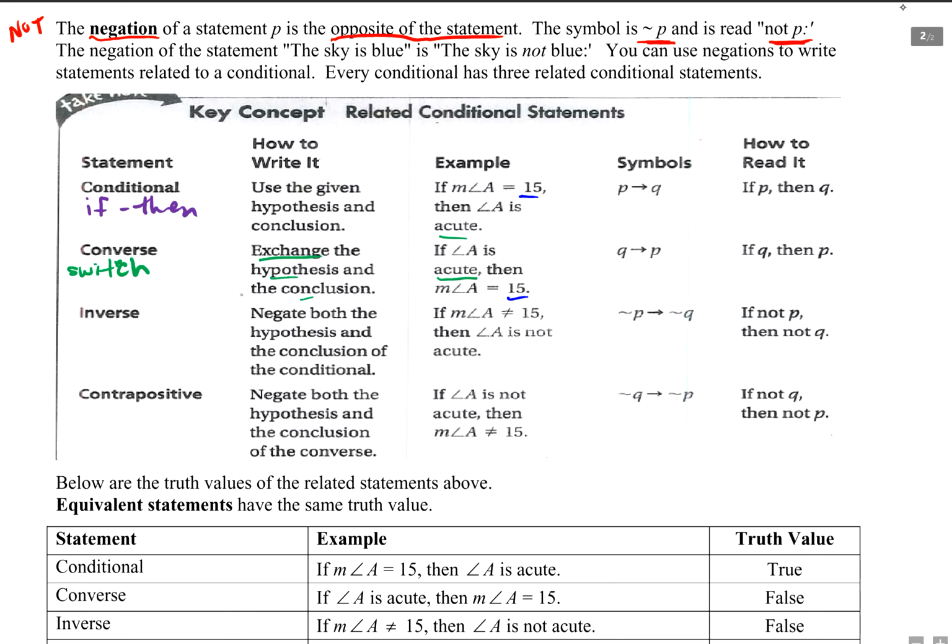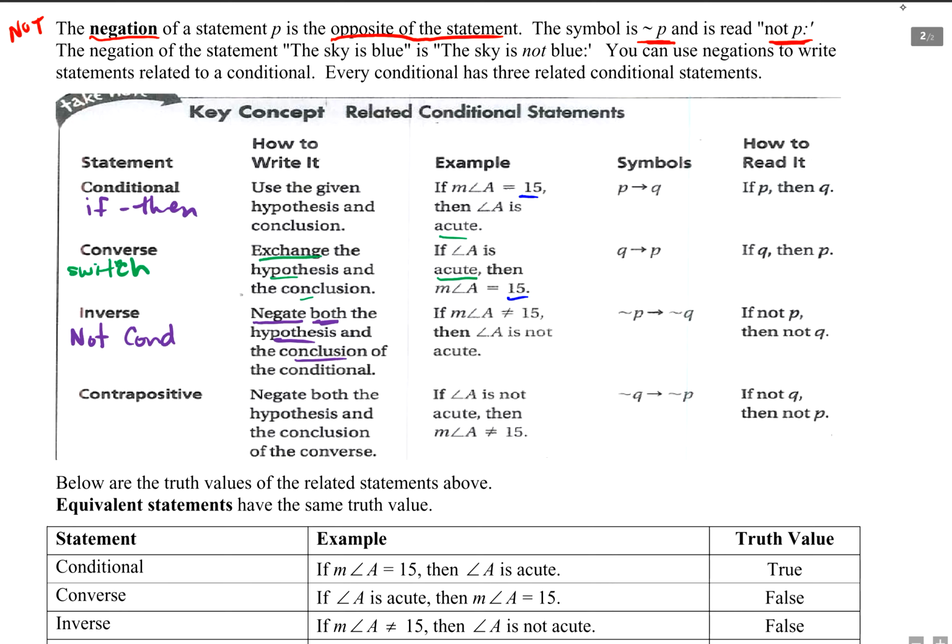All right, next is the inverse. And for the inverse, we negate both hypothesis and conclusion. So this is the negation of your conditional statement.